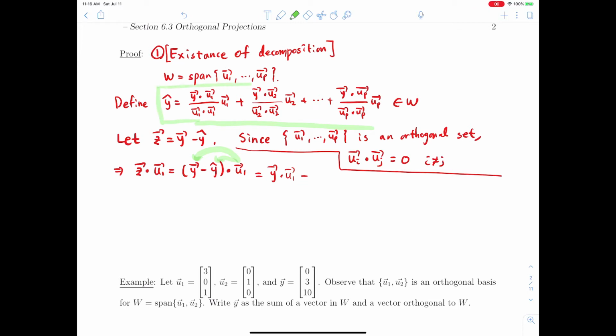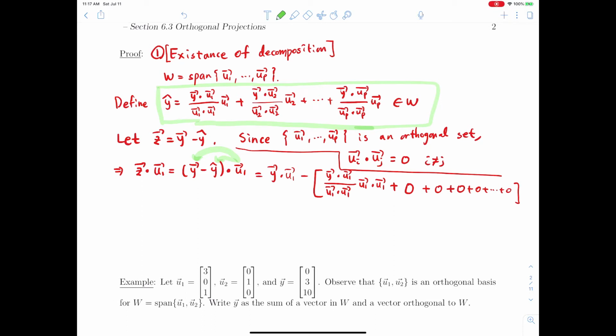So we get y dot product with u1 over u1 dot product with u1 times u1, and you take the dot product with u1 again, plus, and if you take the dot product of u1 with u2, that gives you 0, so automatically the rest of the terms equal 0.